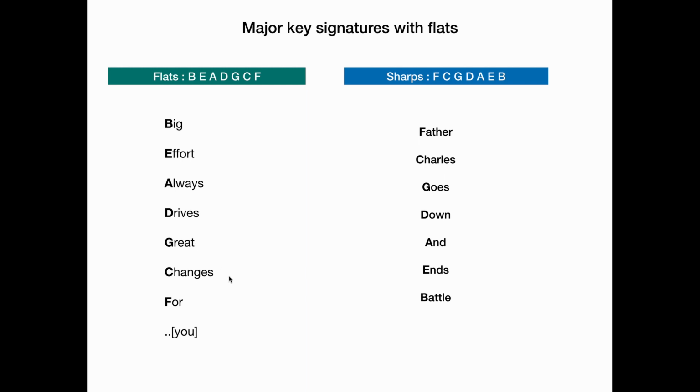Big effort always drives great change for, and then person of your choice. I have you here, but obviously we know that there's no note Y, so this is really where the rhyme ends. However, I would just like to point out that if you like, you can just choose one of these rhymes to learn, because these are simply mirror images of each other.